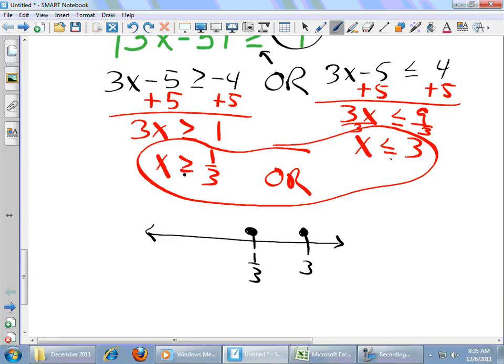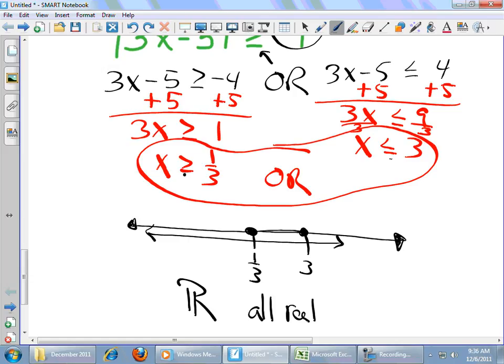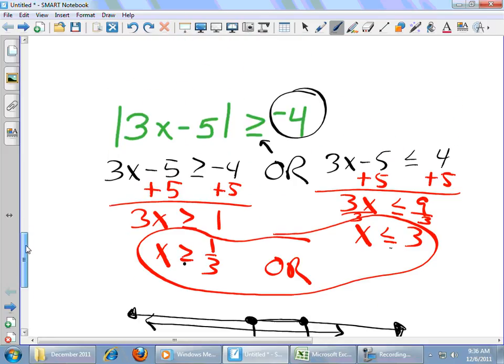Now, I need the numbers that are greater than or equal to 1/3, which would be all those numbers, right? Or I could have the numbers that are less than or equal to 3, which should be all those numbers. What have I shaded? I've shaded the entire number line. This solution would be all real numbers, the real number system. All real numbers. In other words, there is no number for x that doesn't give me a true statement.